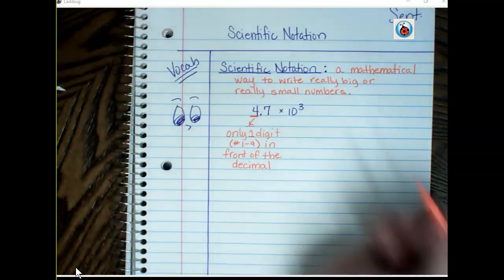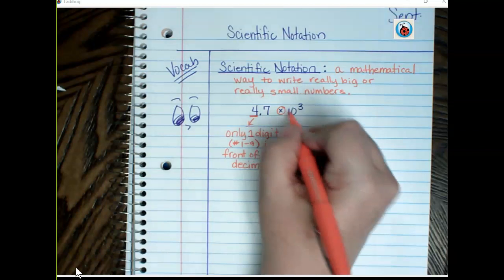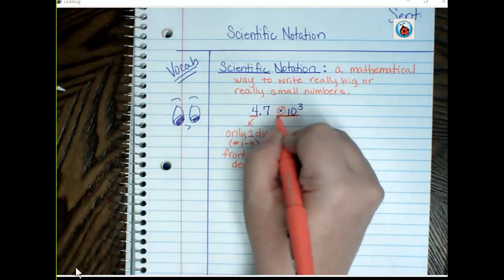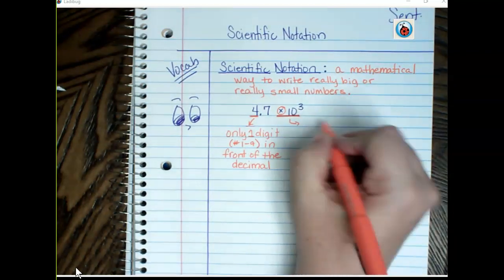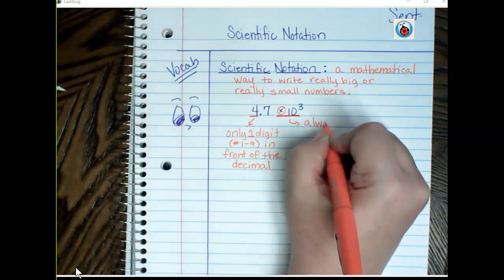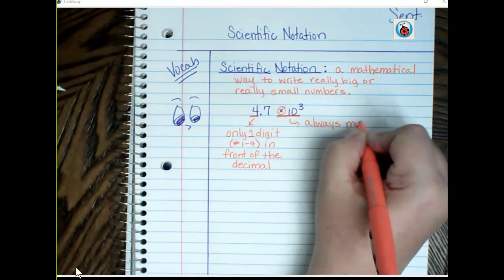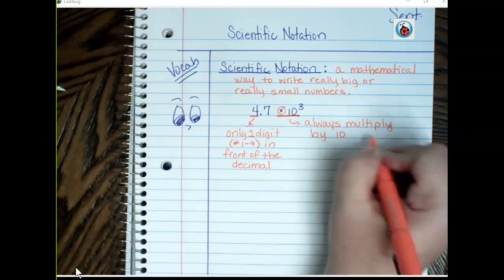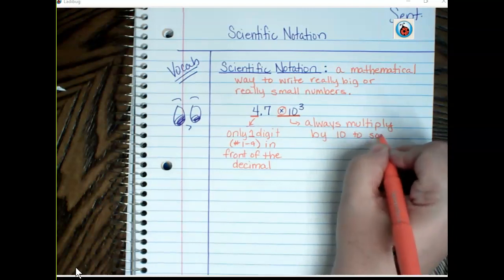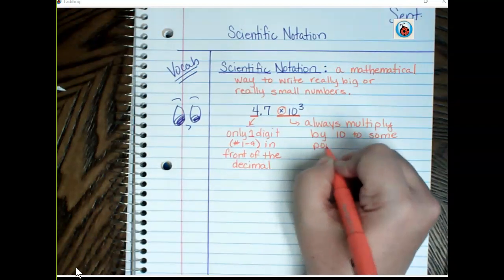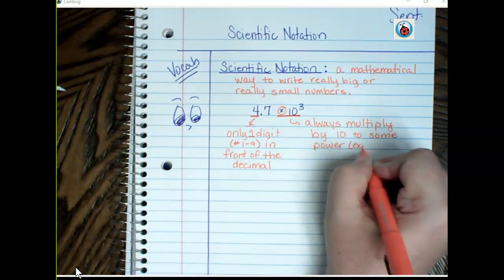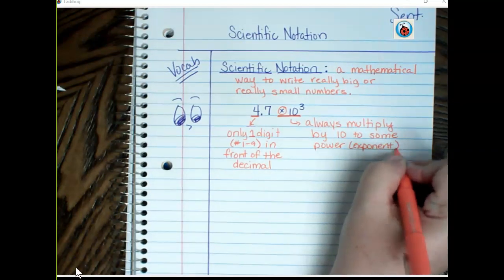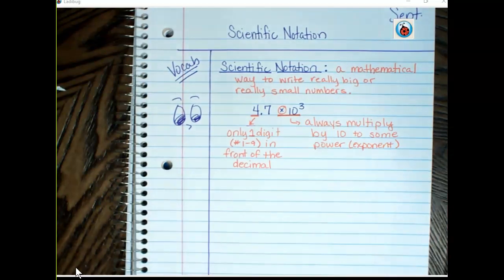The other part that makes it scientific is the times 10 and the exponent. So it will always multiply by the number 10 to some power or exponent. In this example, it was 10 to the third power. It'll always be times 10 to the blank power.